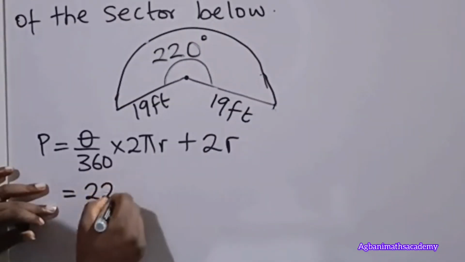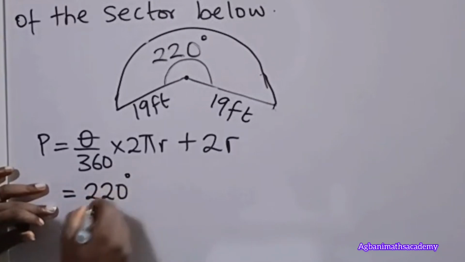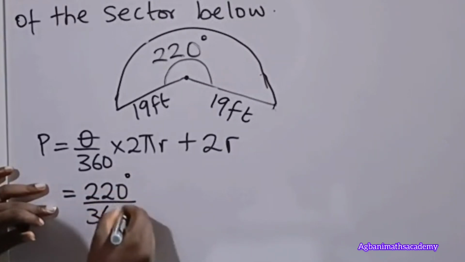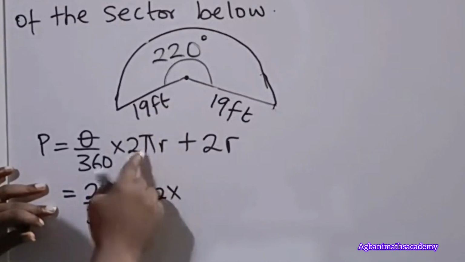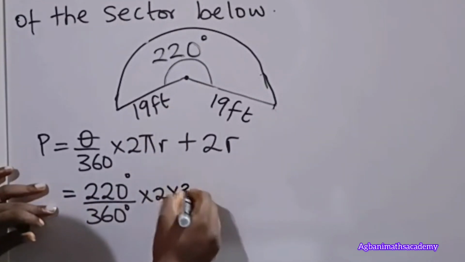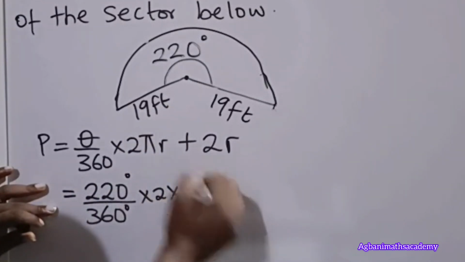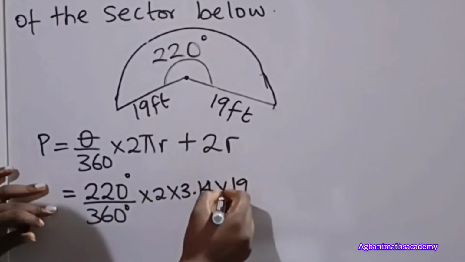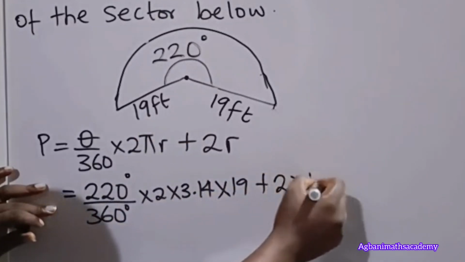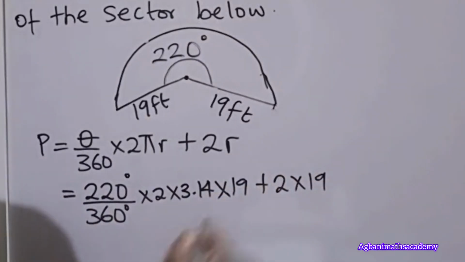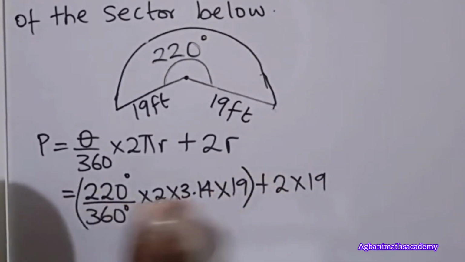So 220 degrees all over 360 degrees times 2 times pi, which is 3.14, times the radius, which is 19, plus 2 times 19.